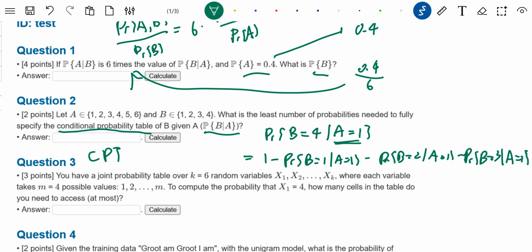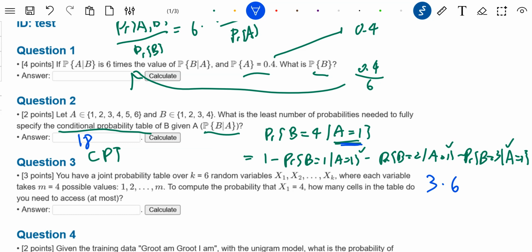So basically, if you store these 3 in the table, then we don't need the last one. The last one can be computed based on these 3. And it should be the same for A is 2, A is 3, and so on. So it seems we need to store 3 probabilities for each of the 6 values of A. So the total is 18.